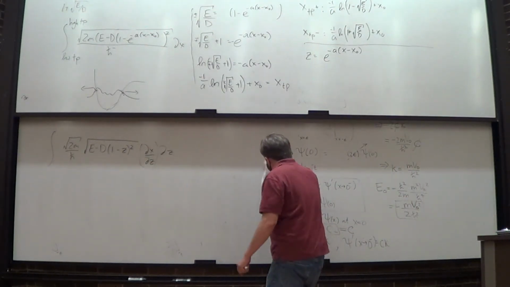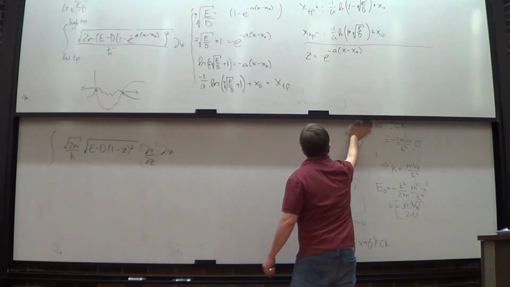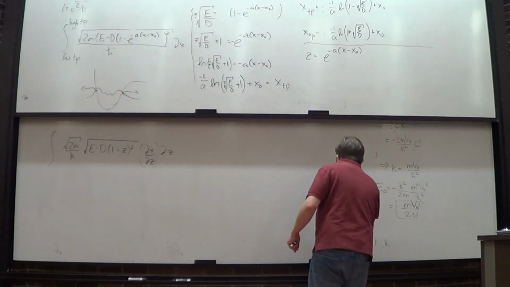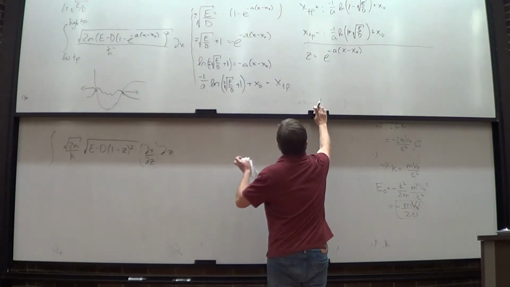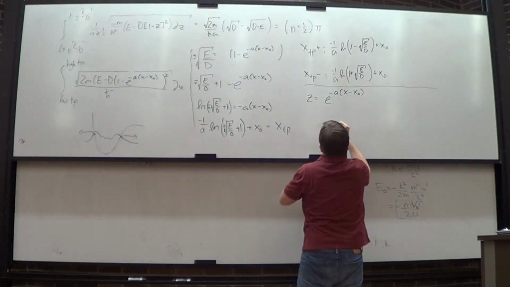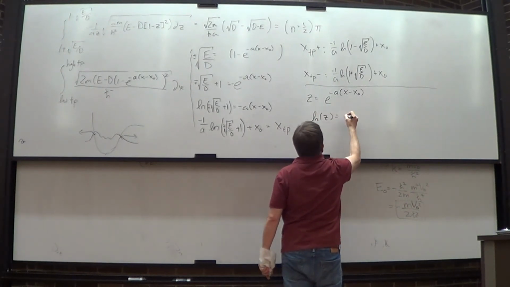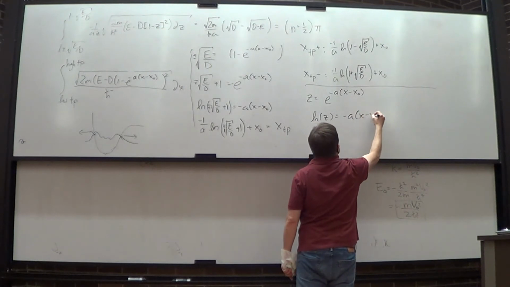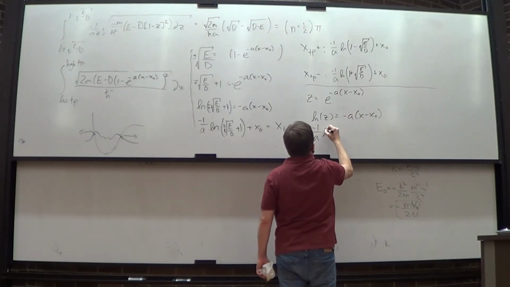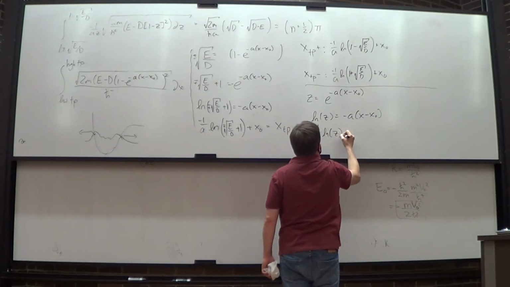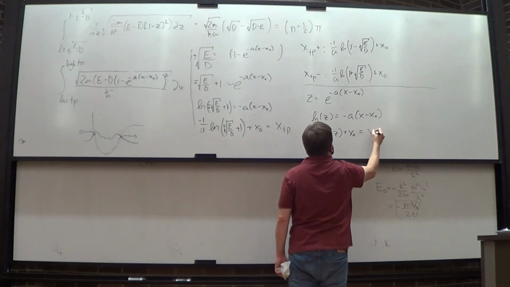dx dz. That means I have to get x equals and then a bunch of stuff with z in it. Okay, where'd my z go? Here, I'll just start here. ln z minus a x minus x naught, minus 1 over a ln z plus x naught equal to x. Is that right?